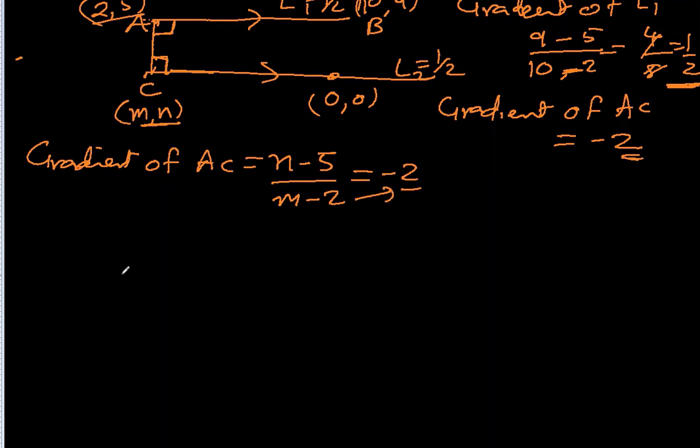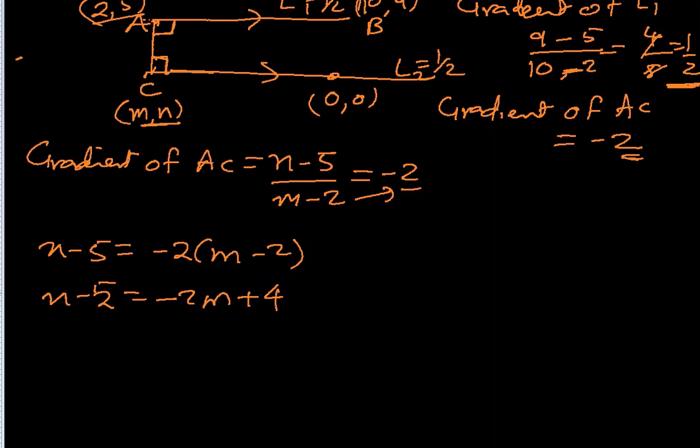Let's cross multiply. So n minus 5 equals minus 2 times (m minus 2). n minus 5 equals minus 2m plus 4. Let's bring minus 5 to the right side and minus 2m to the left side. So n plus 2m equals 5 plus 4, 9. Equation number 1.